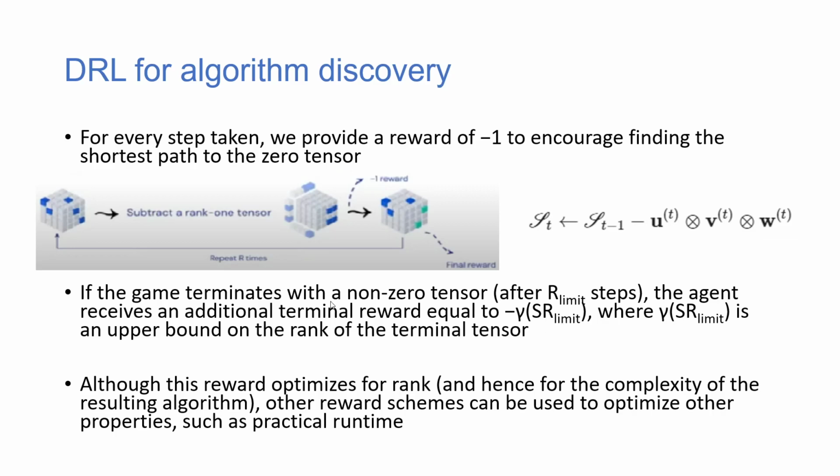So if you arrive at the end with a non-zero tensor, it means that you didn't find a good decomposition, so you will receive this bad penalty. Of course, this setting as is will optimize for rank to minimize the multiplications, but you can also include in the formula the runtime for a particular hardware target.